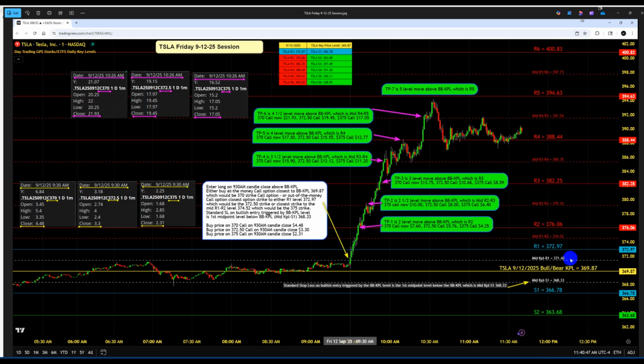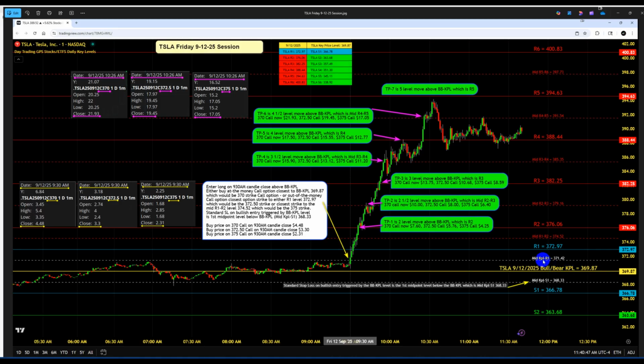The levels above the bull-bear KPL are your take-profit levels for entries that are triggered from a bullish signal by the bull-bear KPL level. The prices below are your take-profit levels for bearish entries on bearish entry signals triggered by the bull-bear KPL.